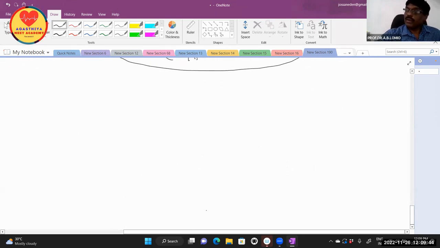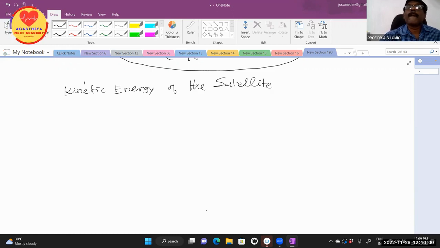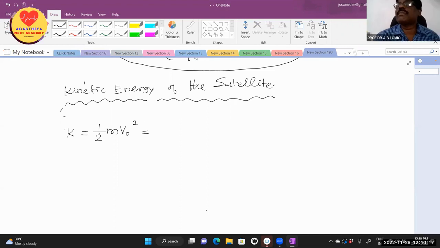Next, how to find the kinetic energy of the satellite? This is the formula to find the kinetic energy. That is the basic general expression, half m v squared.